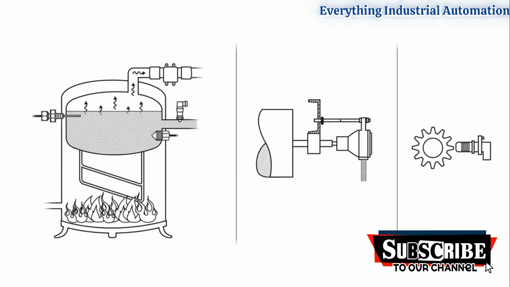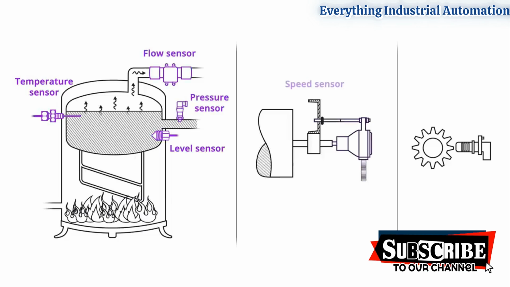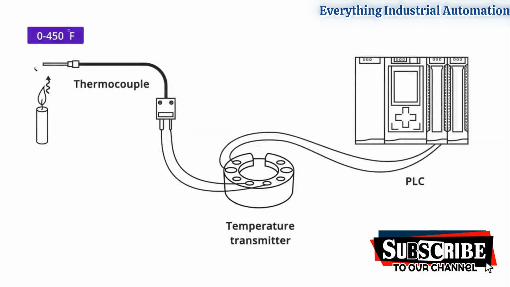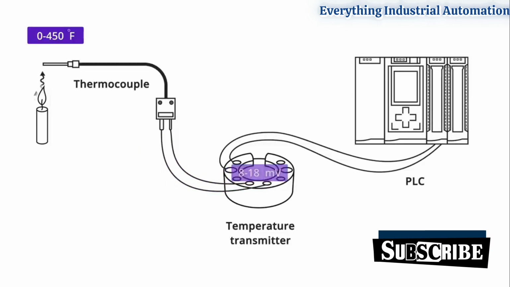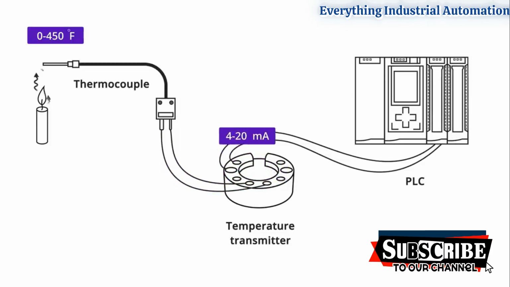In process control, sensors are used to measure physical variables such as level, temperature, flow, pressure, speed, and position. Sensor output voltages are very small and therefore require a transmitter to amplify or condition the output to make it usable in process control applications.